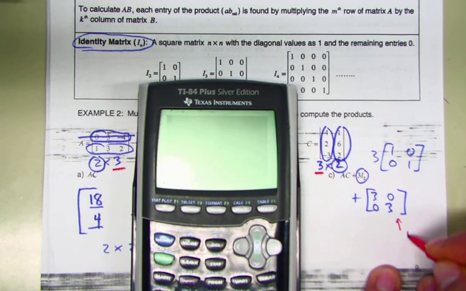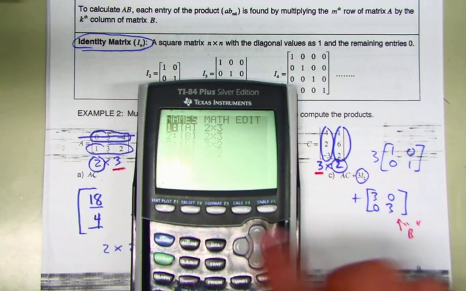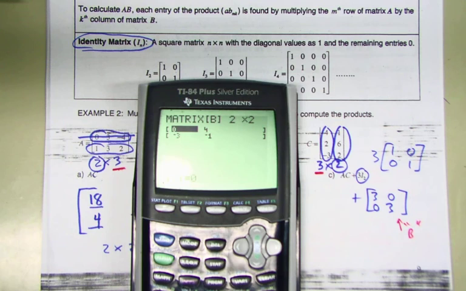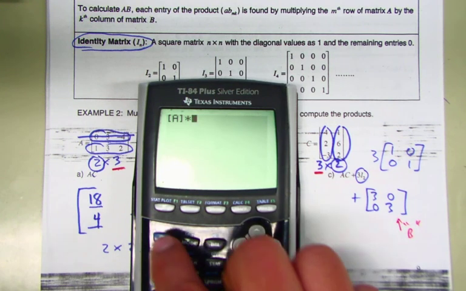Let's just call this B, since we're not using B anywhere. So matrix, go to Edit, matrix B. That's a 2 by 2. And that's 3, 0, 0, 3. There we go. Once you have everything stored in there, you can now do matrix A times matrix C.